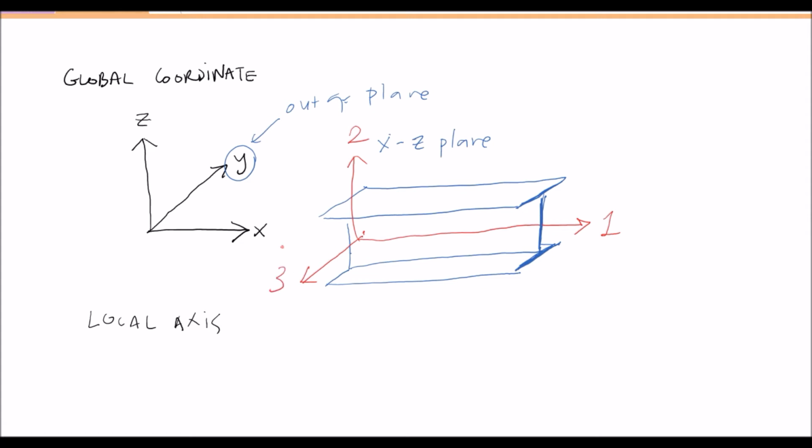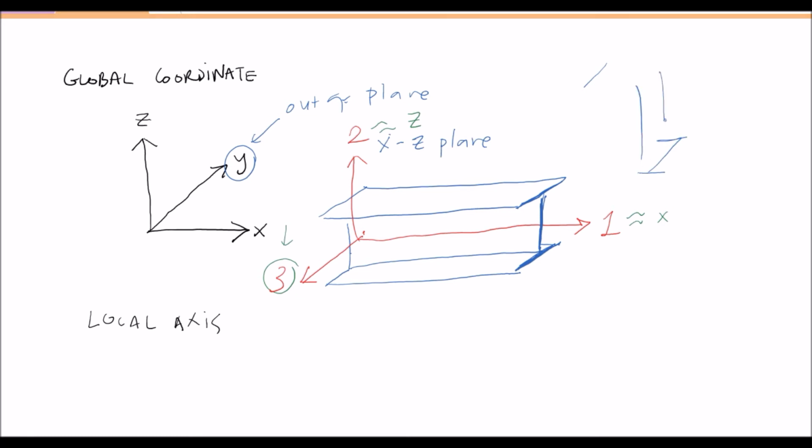So axis 1 is your x-axis, axis 2 is your z-axis, and the third one is out of plane.